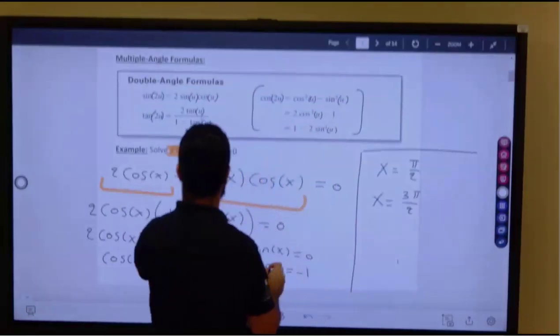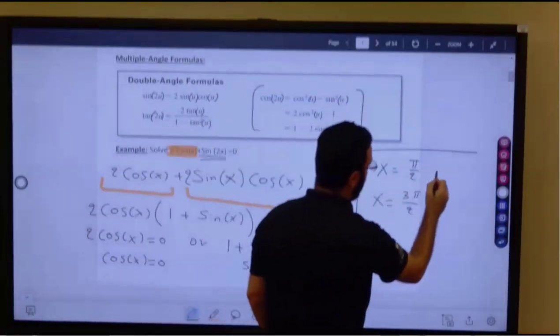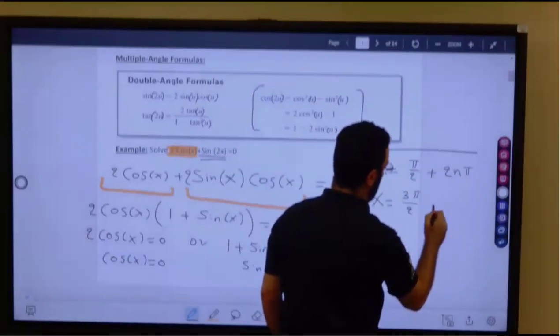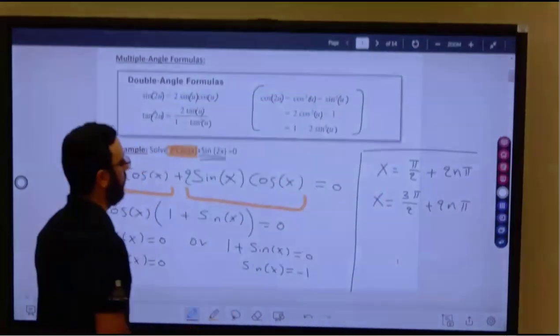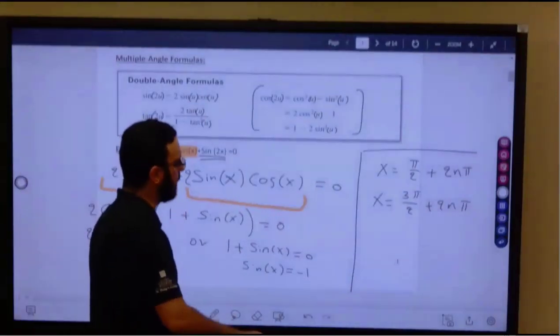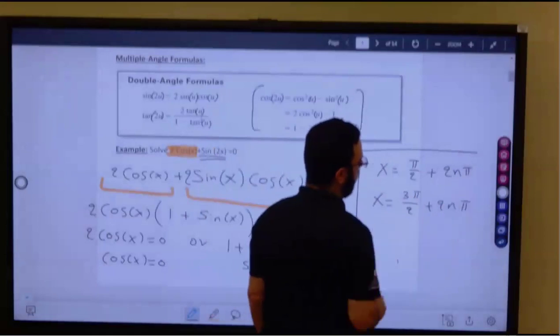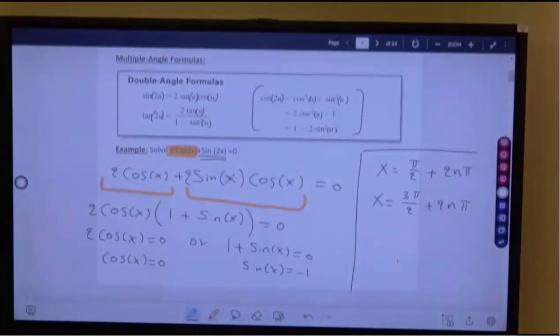But we don't have a circle, that means we have to add 2 n pi. We have more than one solution. They didn't ask you to find a solution in one circle, so you have to add how many circles? 2 n pi, which is 2 pi, 4 pi, and so on. This is the first example.